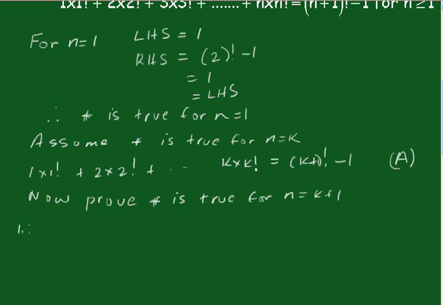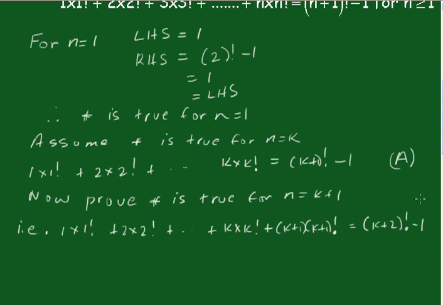That is, 1 times 1 factorial plus 2 times 2 factorial plus all the way up to k times k factorial plus the next term along, which is (k plus 1) times (k plus 1) factorial, and that's going to be equal to, adding 1 to this, (k plus 2) factorial minus 1, and we'll call that our proof statement, our P statement.